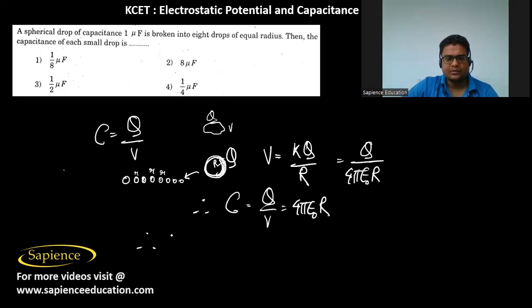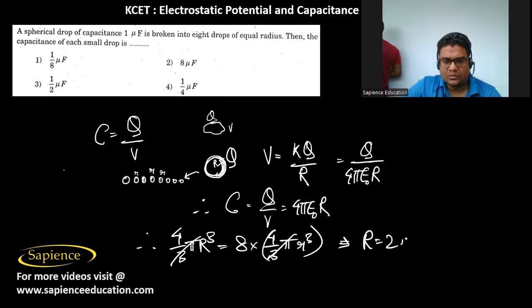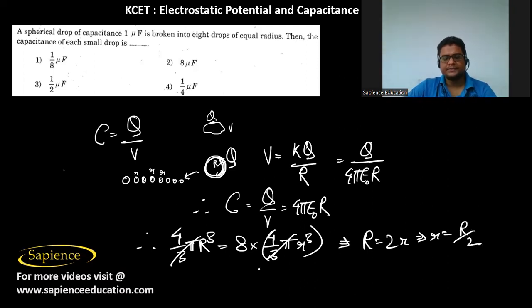So the total volume of the large drop, 4 by 3 pi capital R cube, is equal to 8 times the volume of each small drop, 4 by 3 pi small r cube. 4 by 3 pi will cancel. Then we will get R equal to 2r. So small r equals R by 2.